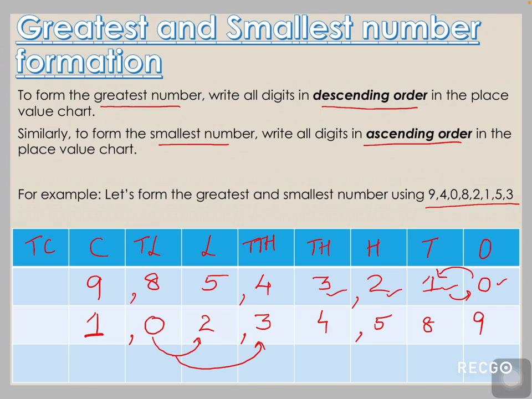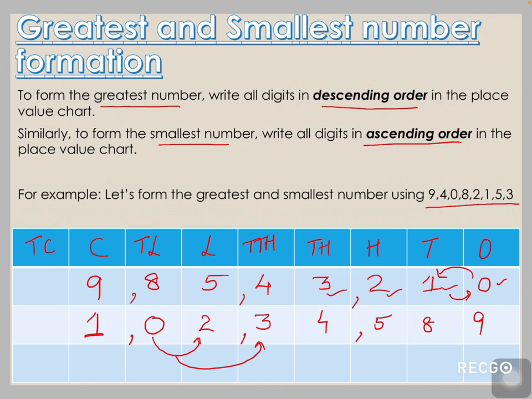Suppose 3 had been here, then it would be 32 lakh 4,000. We are supposed to make the smallest number. 1 lakh 32,000 or 32 lakh or 20 lakh, they are all bigger than 1 crore 2 lakh, right?